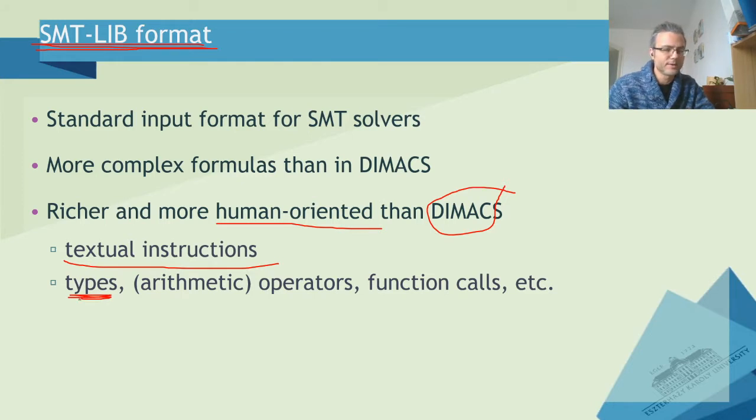Like in programming languages, you have a type integer, a type bool, real numbers, and so on. You can use concrete numbers in the source code of SMT-LIB. You can use operators like addition, multiplication, relational operators like greater than or equal, and so on. So this format looks much more like a programming language.